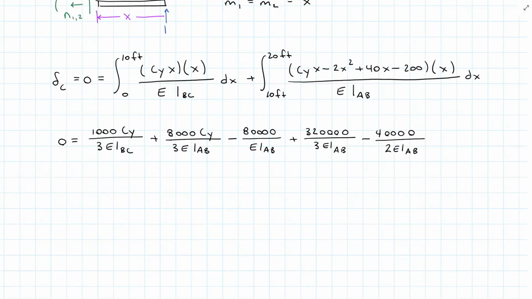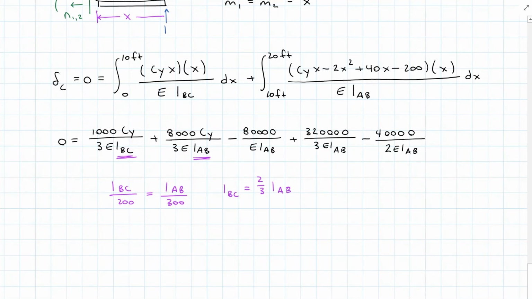When I solve for the integrals, I see that I still have this problem of different inertias, IBC and IAB. Setting up a relationship, I have IBC is 200 inches to the fourth, and IAB is 300 inches to the fourth, meaning IBC is 2/3 the value of IAB.